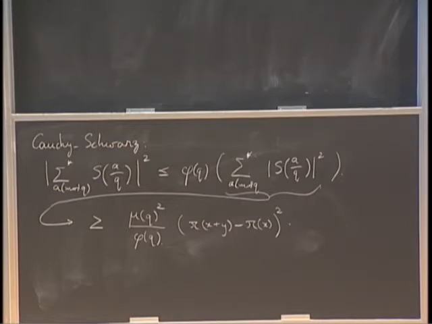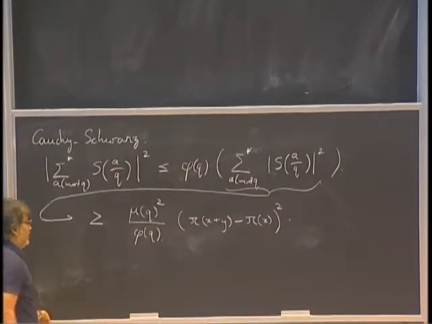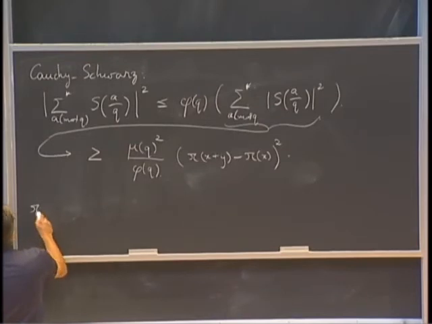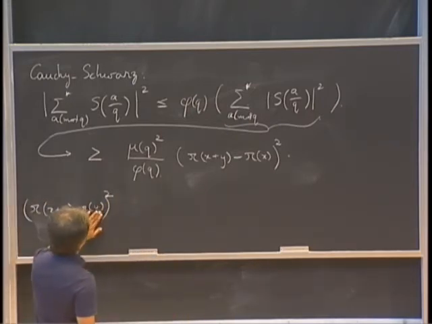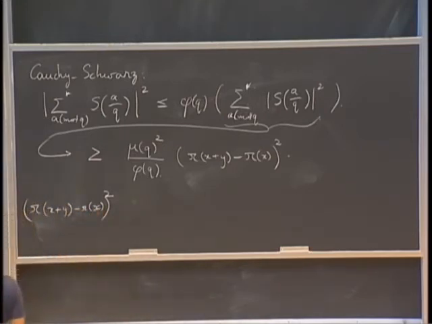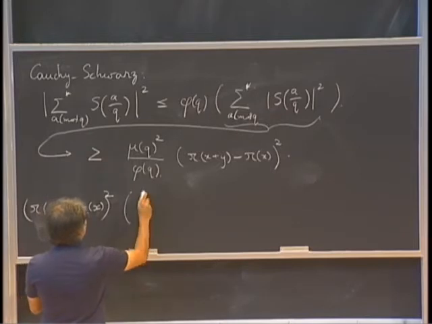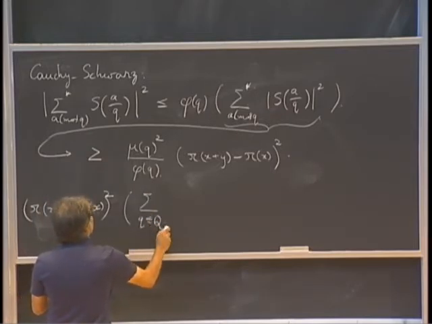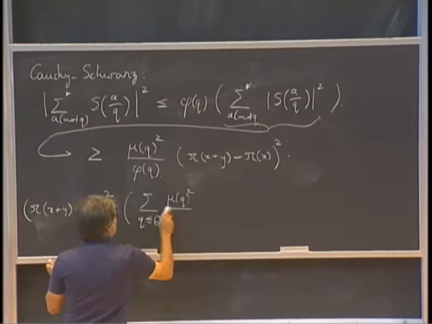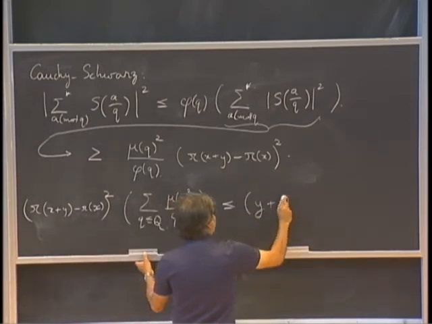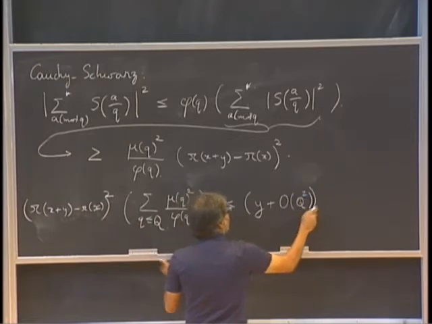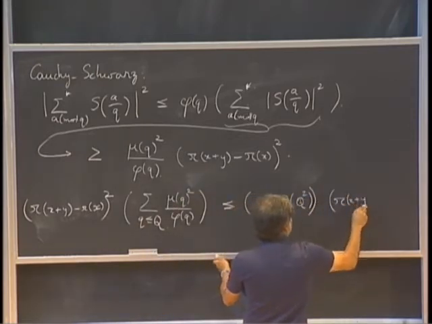Right? And so if I now plug that into the large sieve, I get pi of x plus y minus pi of x, times the sum over q up to Q of mu of q squared over phi of q, is bounded by y plus big O of Q squared, times pi of x plus y minus pi of x.